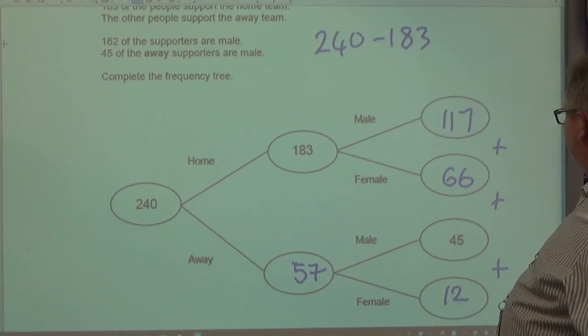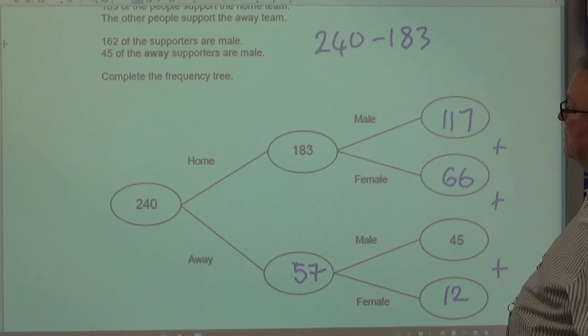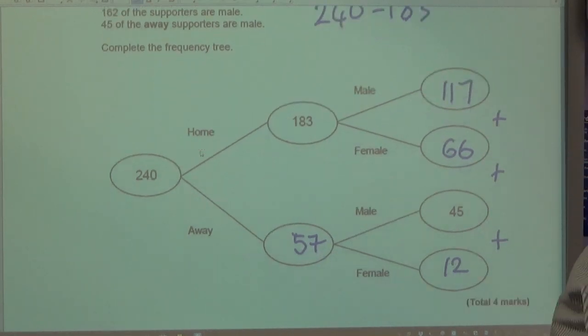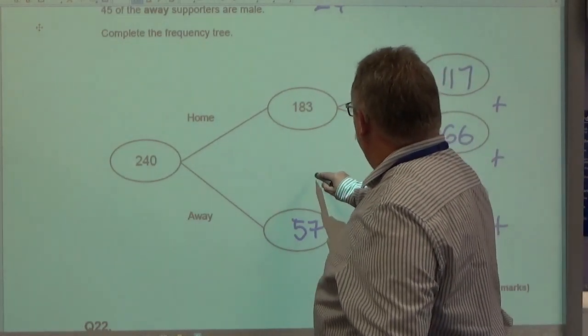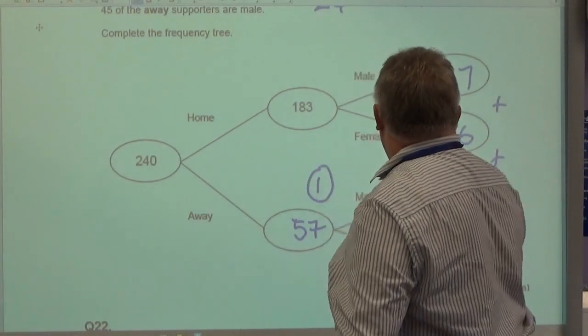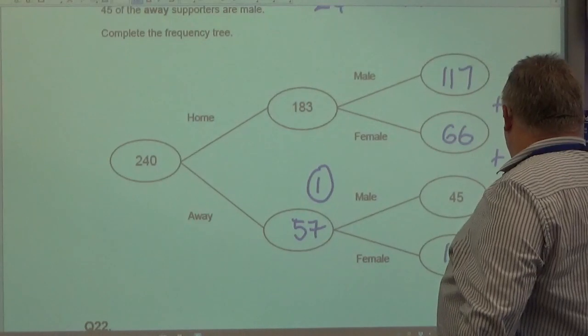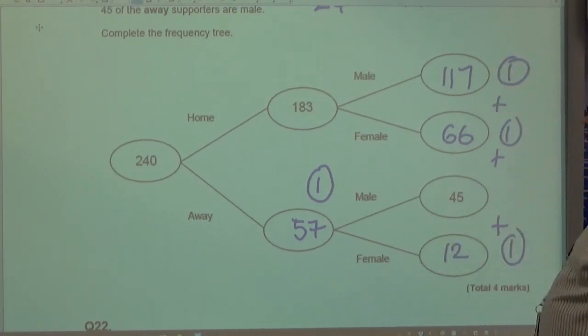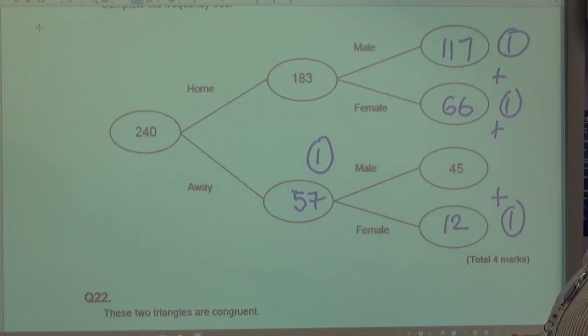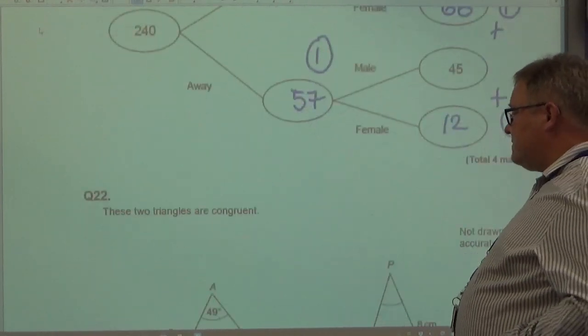So maybe that's 4 marks, that one. Yeah, 4 marks, probably a mark for each box. So a nice, easy way to get some marks. Nothing too complicated in it, just being able to use your calculator and working out what it should be. So I think loads of you can get that right.